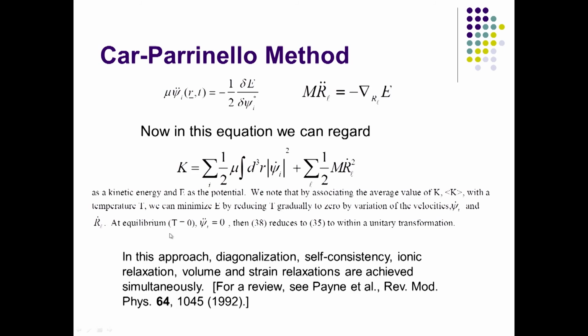So, in this approach, diagonalization, self consistency, ionic relaxation, volume and strain relaxations are achieved simultaneously, because we are using simulated annealing, and that model allows us to simultaneously change all these parameters. So, you increase the value of all the parameters, bring them down very quickly, and that is what we call the Car-Parrinello method, and that is the first principle method.